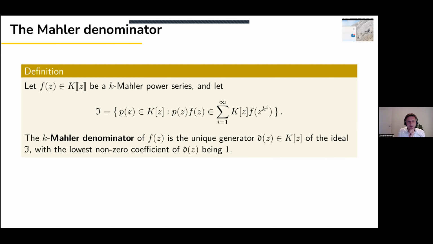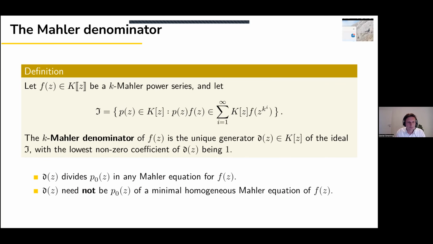These are the P0s among all K-Mahler equations that appear, and because it's an ideal in the polynomial ring, it's principal, so it has a unique generator if we norm it correctly. And this is what we call the K-Mahler denominator of f of z. So this is the GCD of all the P0s that appear in a K-Mahler equation for f. And so this means that this K-Mahler denominator always divides P0 if you have a Mahler equation for f.